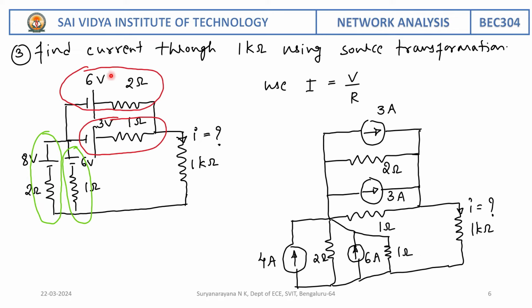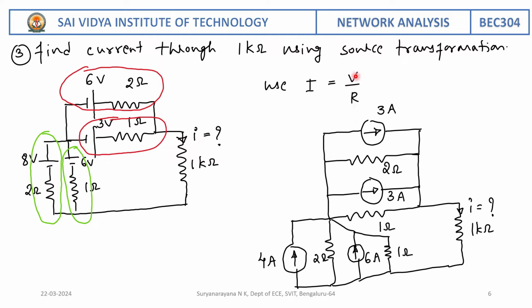On observing this circuit or network that is given, here we find 6 volts is in parallel with 3 volts. So we cannot add. 8 volts and 6 volts are in parallel, we cannot add. Therefore, convert these voltage sources into current sources by using the equation I is equal to V by R. What are the parameters given?